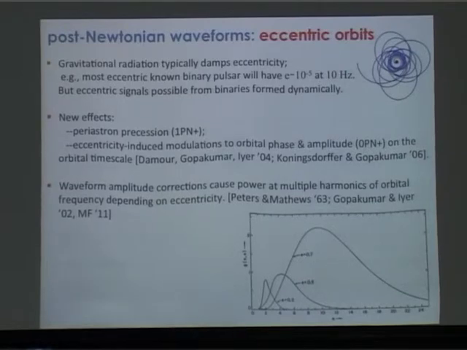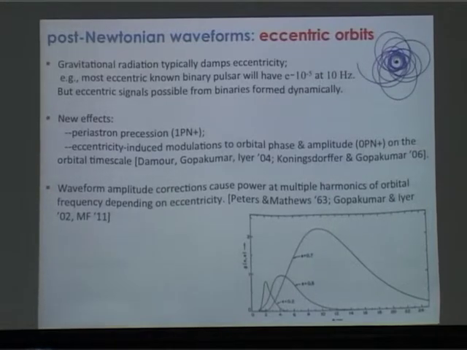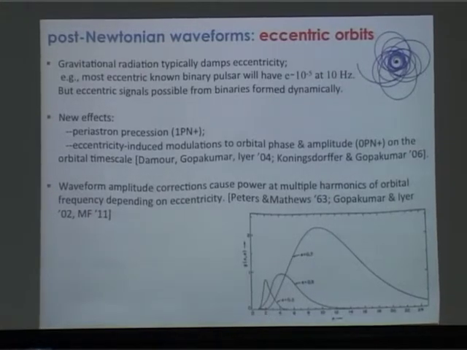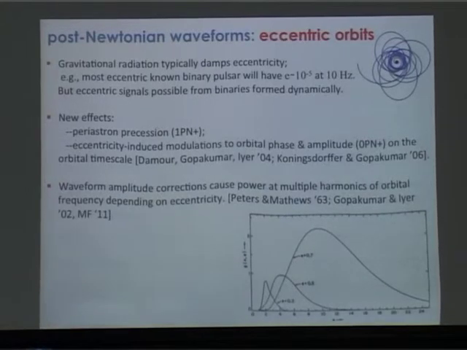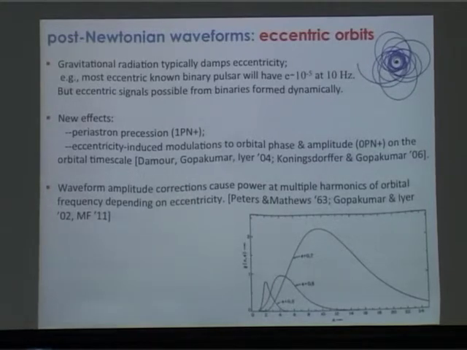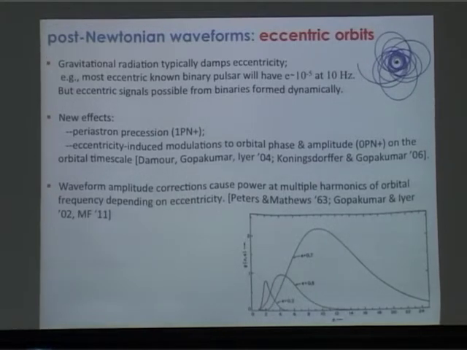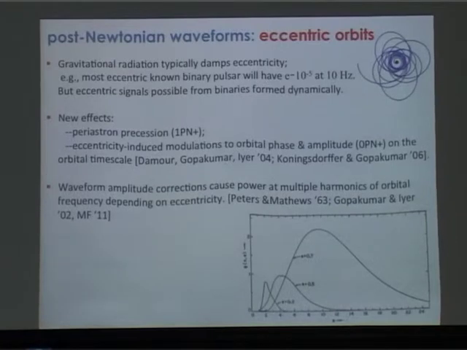You also get, just like in the case of circular orbits where you have power at higher harmonics, the same effect in eccentric orbits, except in the eccentric case it happens even at leading post-Newtonian order. So at 0PN order, you can still get gravitational waves at frequencies that are not twice the orbital frequency. And the frequency where the peak amount of power comes from depends on the eccentricity of your binary.